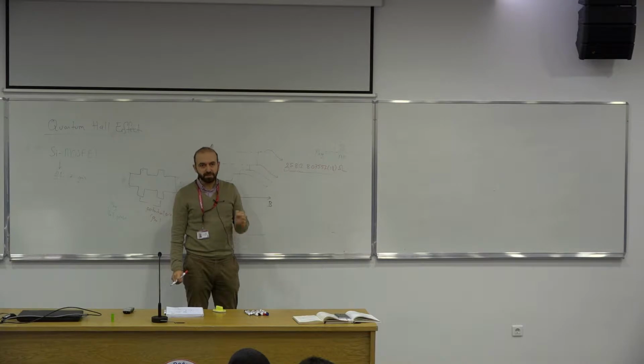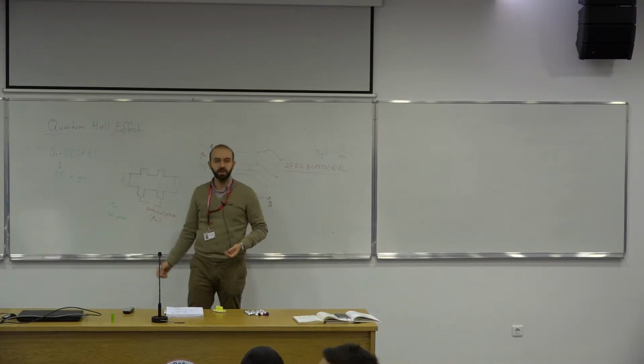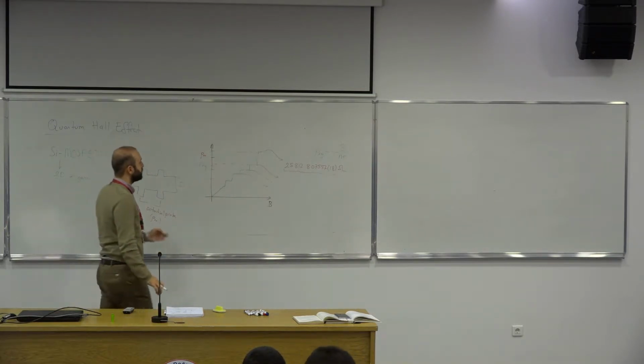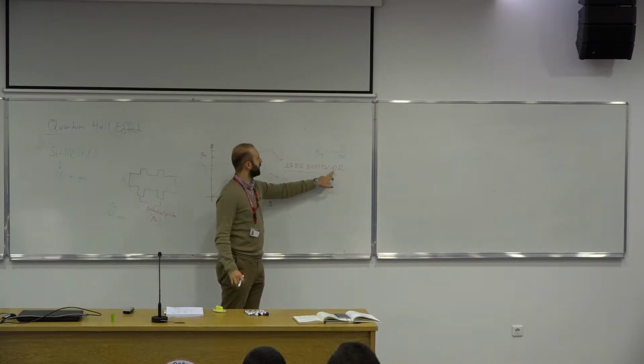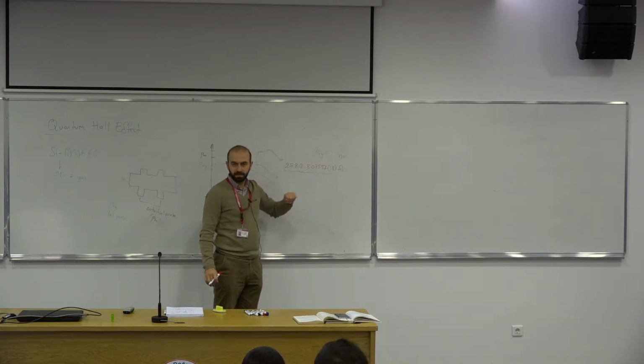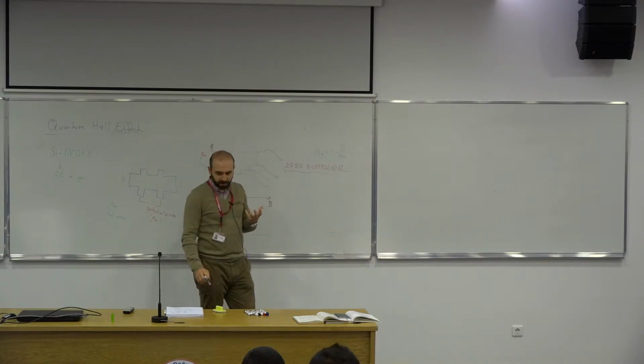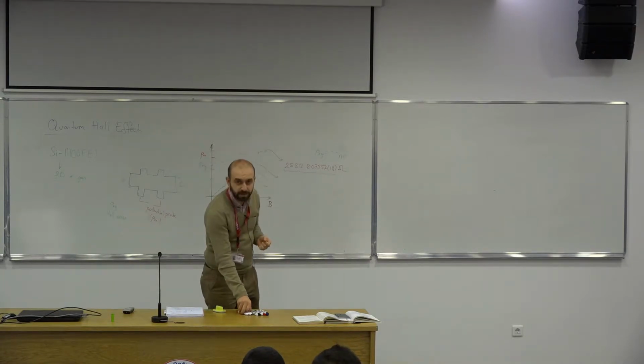And this is extremely robust. It doesn't change. As long as you have a silicon MOSFET, no matter how many different samples you have, always when you measure it, you get accuracy down to this digit. So this number seems like a universal number, and indeed it is.